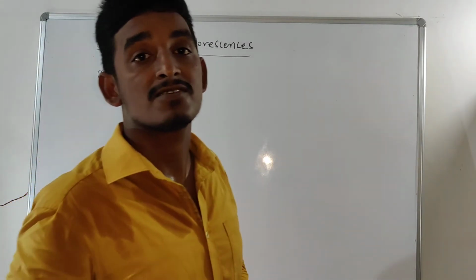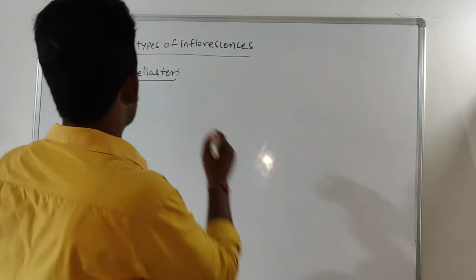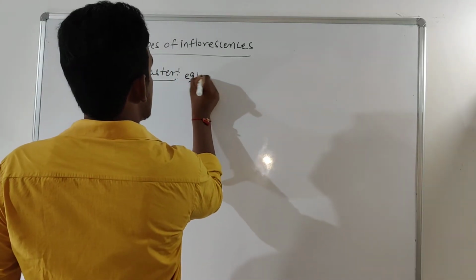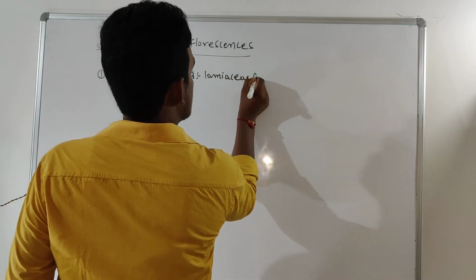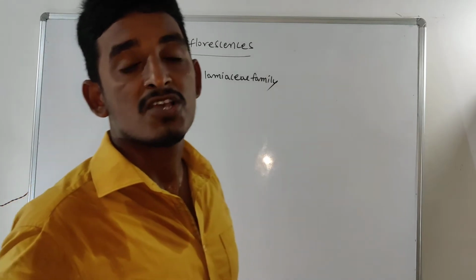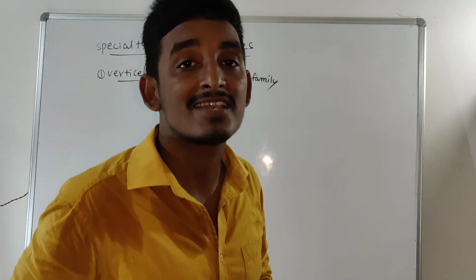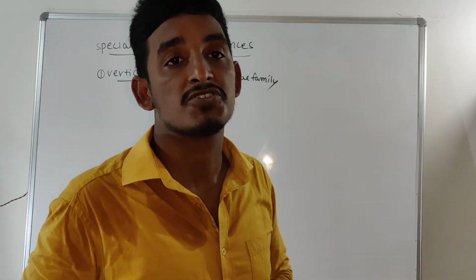Verticillaster inflorescence is mainly found in the Lamiaceae family. Where does the inflorescence originate? It originates in the axillary position of the leaf.